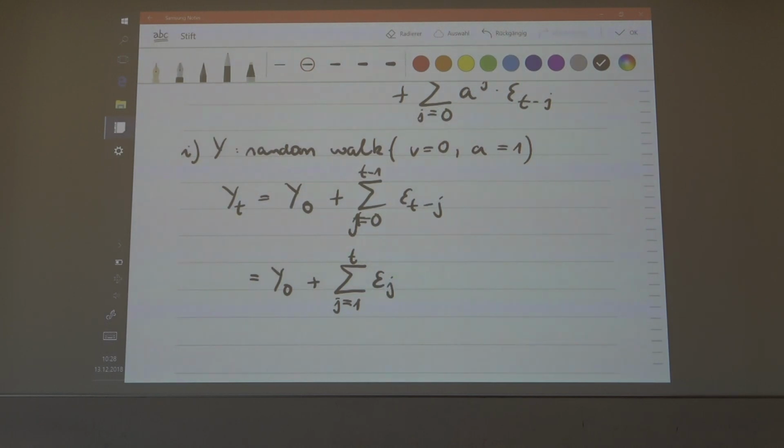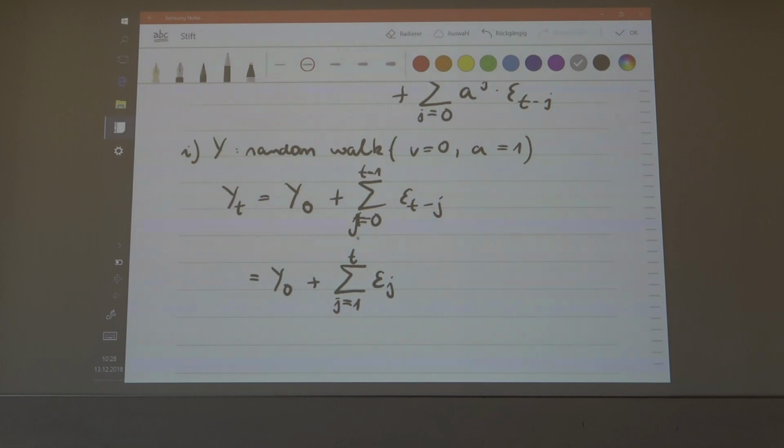Okay, so there is no difference between the two representations. Again, I hope you understand this. So this is going to be epsilon_1, epsilon_2, epsilon_3, and so forth, and then epsilon_t is the last one. And here you start with epsilon_t, epsilon_{t-1} and epsilon_{t-2}, and the final one is going to be epsilon_1. So that's just a different order.